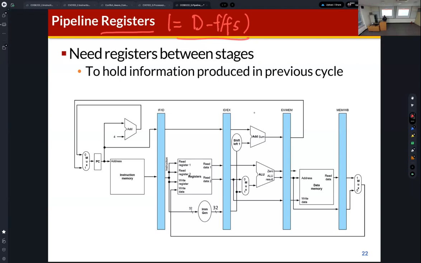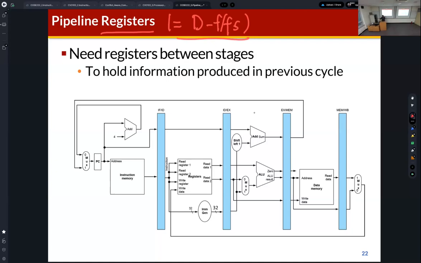We can store some data in these pipeline registers, but they are not architectural registers, such as the integer registers, floating point registers, or program counter. Those registers are defined by the ISA, the instruction set architecture, but pipeline registers are not defined by the ISA.